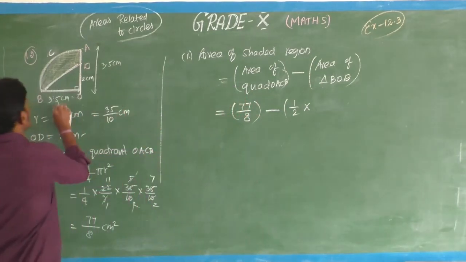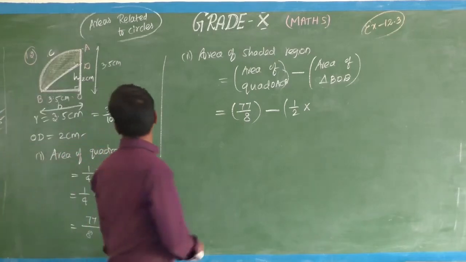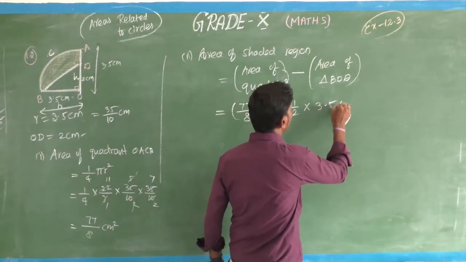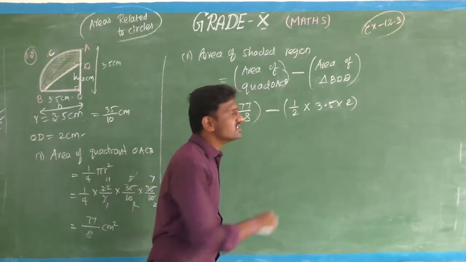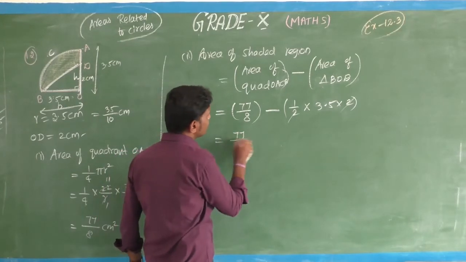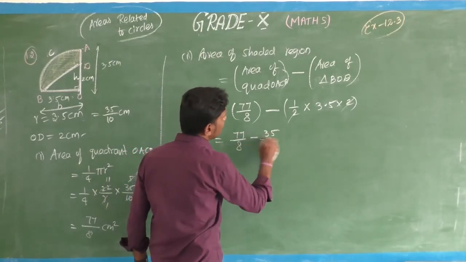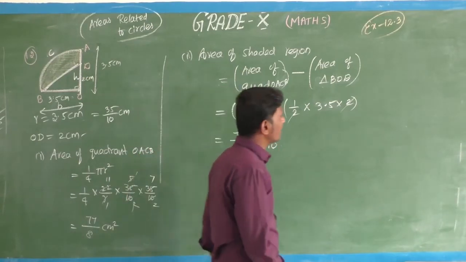So this is your base and height is this. You have base is 3.5 into height 2 centimeter. So 2 will be cancelled and remaining 77 by 8 minus 35 by 10.